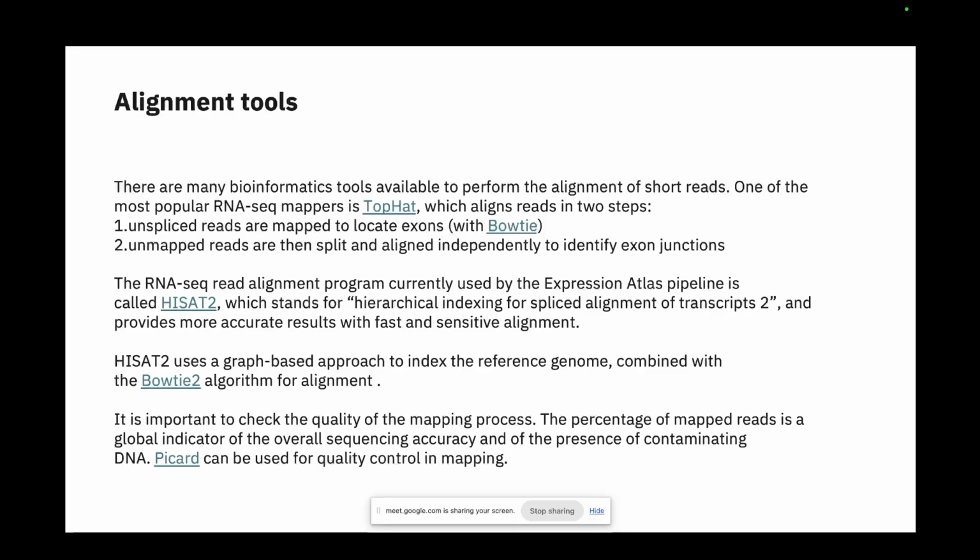There is a very wide variety of tools for aligning genomic sequences, but alignment of genomic sequences and alignment of RNA sequences are slightly different, because in the case of eukaryotic or human mRNA, there are isoforms of the RNA. You have alternative splicing, and it's not a continuous stretch in the genomic region.